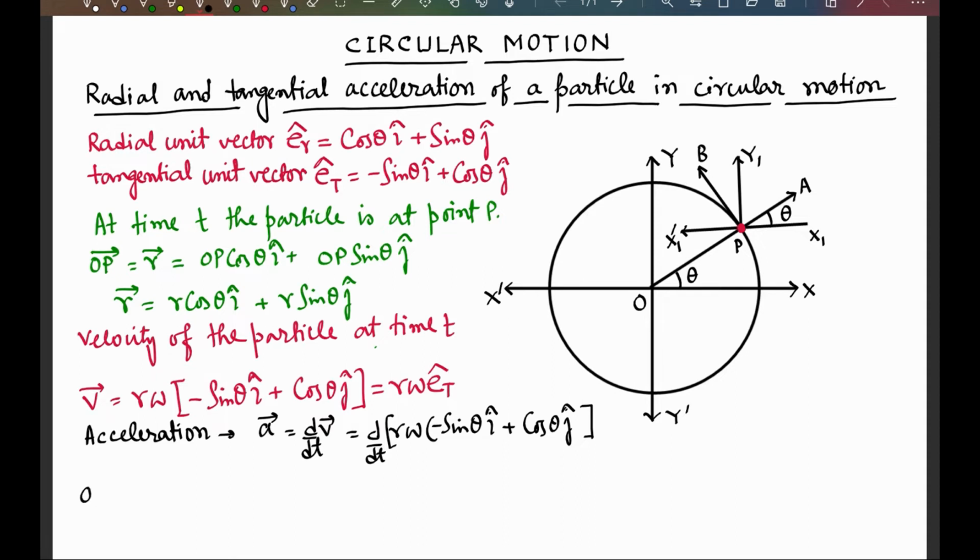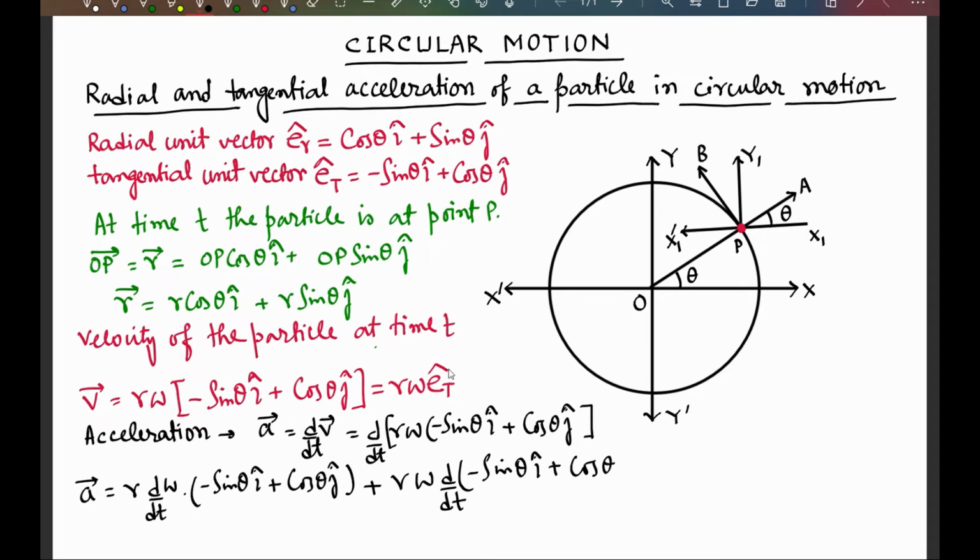Therefore, acceleration is equal to r, which is a constant term, times differentiation of omega with respect to time into minus sine theta i cap plus cos theta j cap, plus r omega, where r is constant, then differentiation of sine theta and cos theta with respect to time, that is d/dt of minus sine theta i cap plus cos theta j cap.